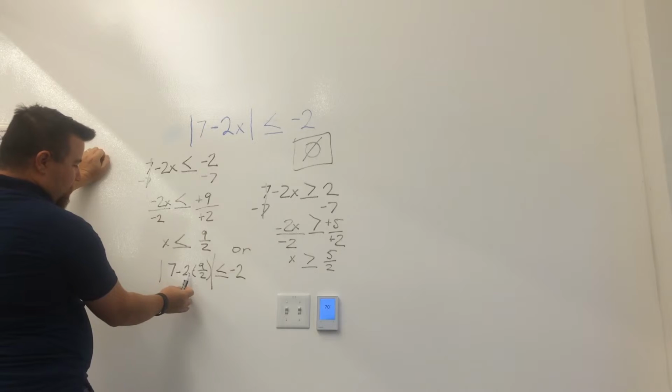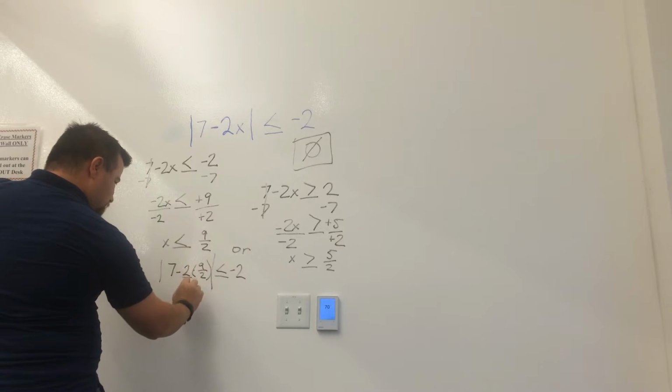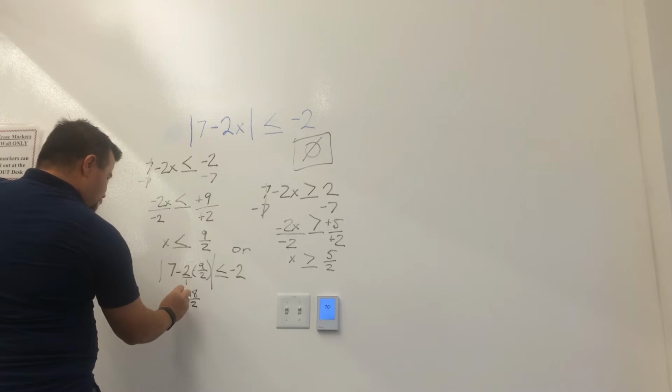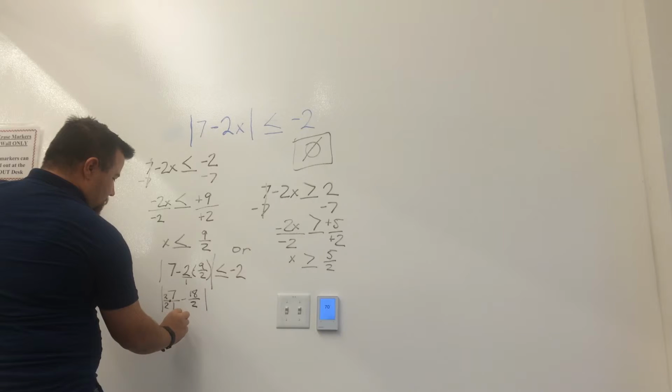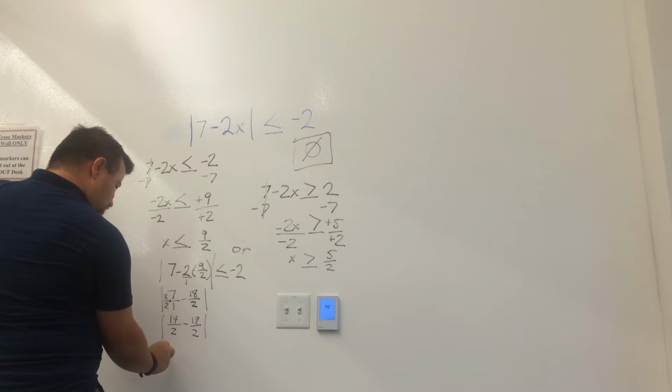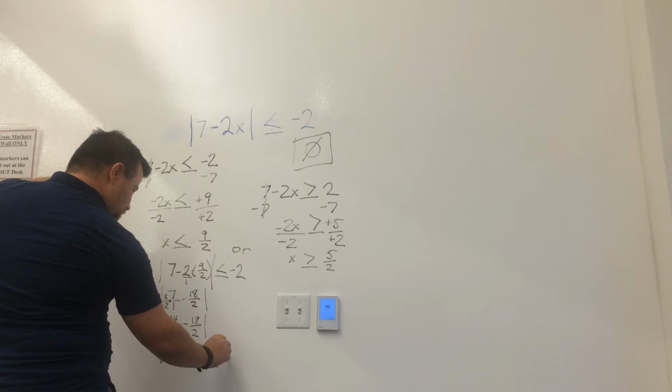Okay, so we're going to multiply these first, and this is basically 2 over 1, so you just multiply across, so then we get 18 halves, and we're taking that away from 7 over 1, and we have to make the denominators the same, so we multiply over here by 2 over 2, which makes it 14 over 2 minus 18 over 2, which then we get negative 4 over 2, which is equal to the absolute value of negative 2.